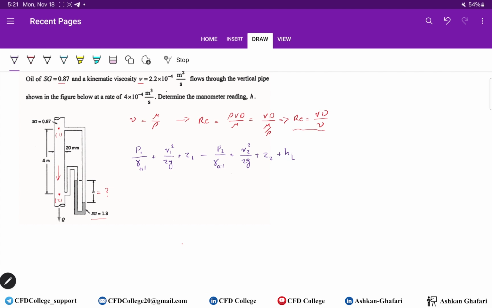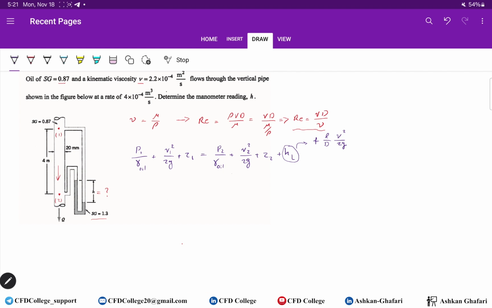Now in this chapter, you know that you can find the head loss: HL equals f L over D, D being the diameter of the pipe, times V squared over 2g. So now you can calculate the head loss yourself.